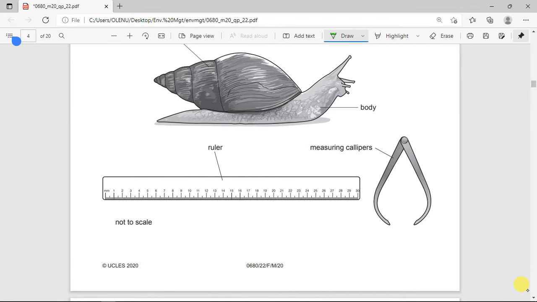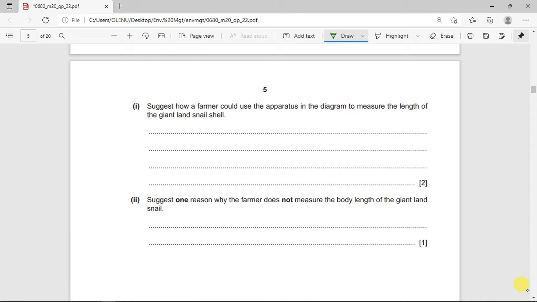Since you're looking at the length, you use the vernier calipers and put them at both ends of the shell, so it becomes wider. Then you bring that length to your ruler to get the exact length of the shell. It's a 2-mark question.